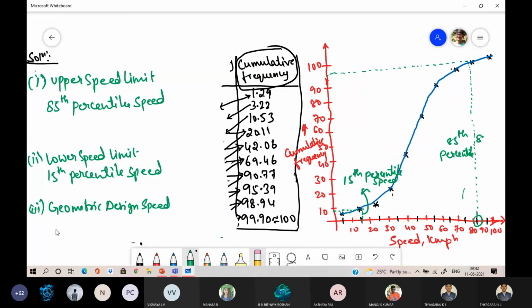So project 98 upwards like this, then project it horizontally. Whatever speed value you get here is the geometric design speed.